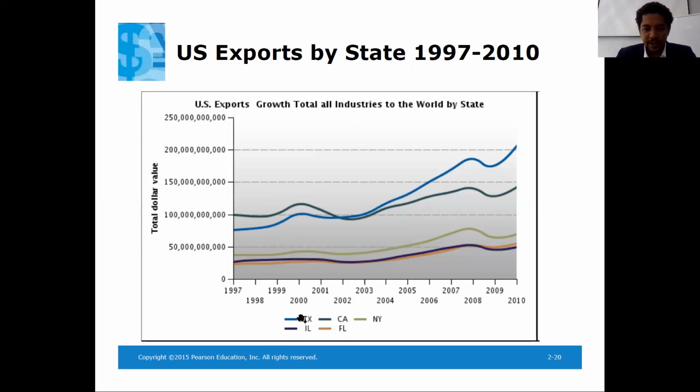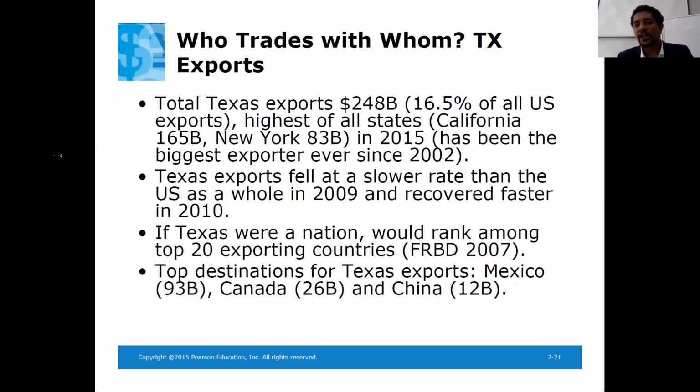This is from Texas, California, New York, Illinois, and Florida, maybe. These are the states, and this shows the export of products from these states. So who trades with whom? The total exports. You can see that the total Texas exports are 2,048 billion, which is 16.5 of all the US exports.